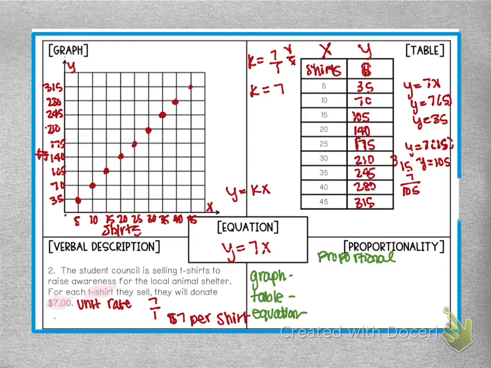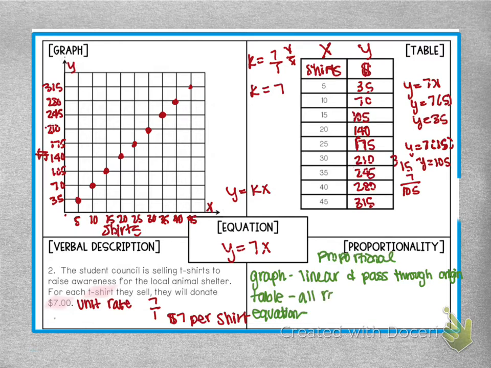In order for a graph to be proportional, it needs to be linear, which it is, and pass through the origin, which it does. In order for a table to be proportional, it has to have equivalent ratios. In this case, we do.